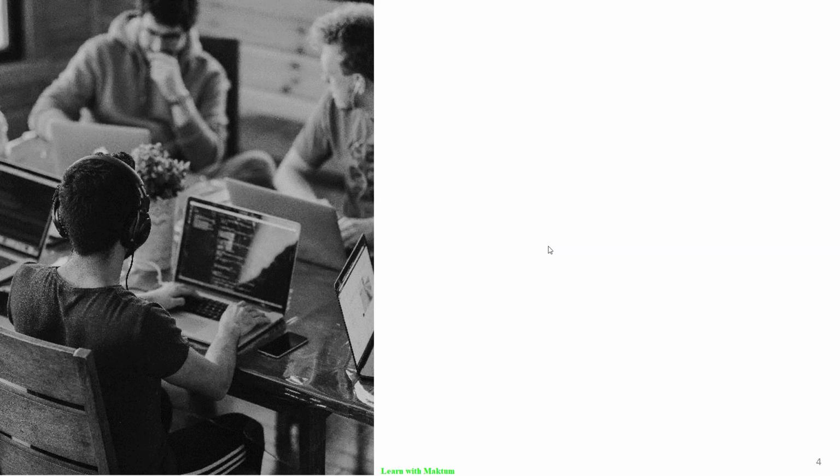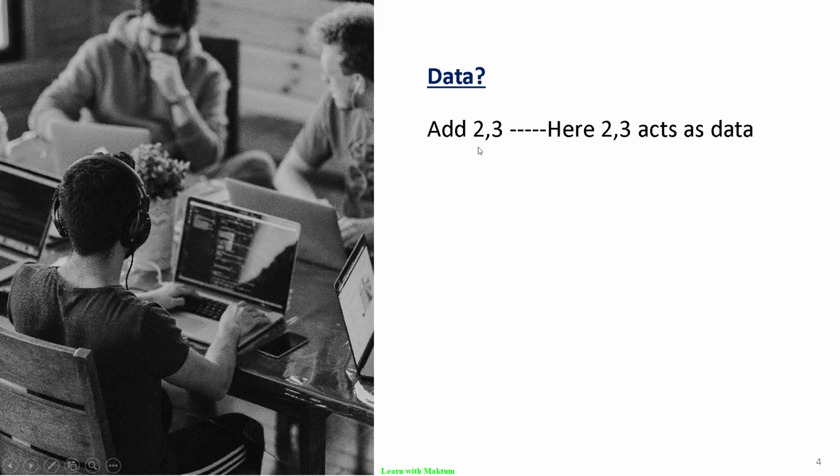Okay, with that, moving on to the next topic: data. Here you will say add 2 comma 3. You are telling the computer to add 2 comma 3, so you will be typing 2 plus 3, no? This will act as the data. Whatever you're typing and giving to the computer acts as data. Processing means it will process, calculating 2 plus 3.